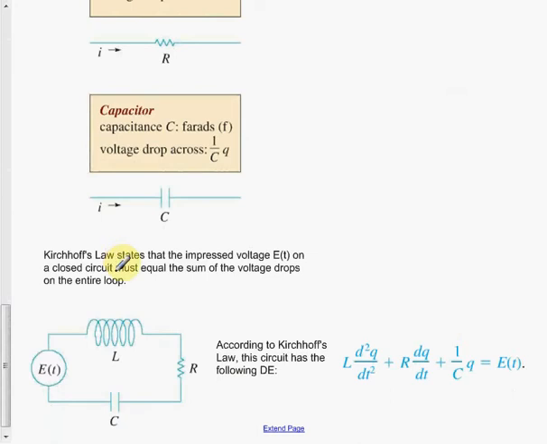Kirchhoff's second law states that the impressed voltage on a closed circuit must be equal to the sum of the voltage drops of the entire loop. Basically, the energy going into the circuit must be the same amount that's coming out. So whatever's going in has to be conserved.